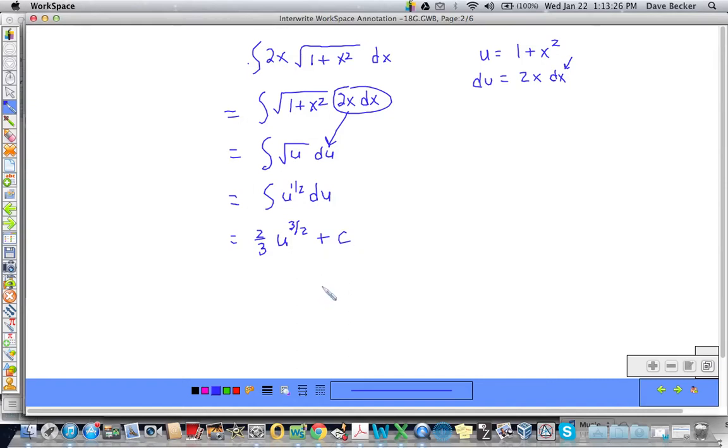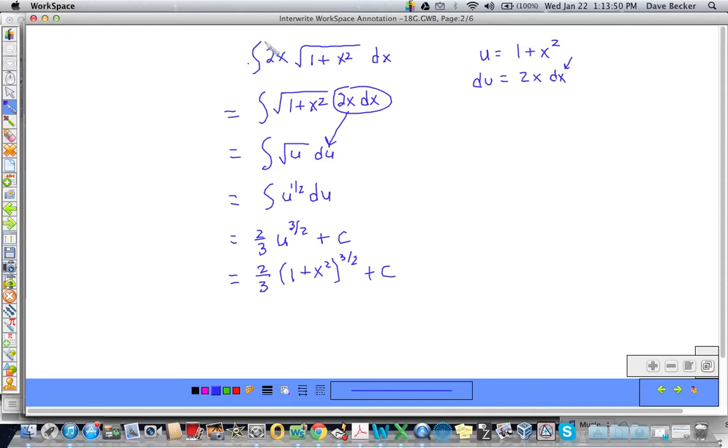Then we just have to substitute back in what we know for u. So that's going to be equal to 2/3 multiplied by 1 plus x squared to the 3/2 power plus c.